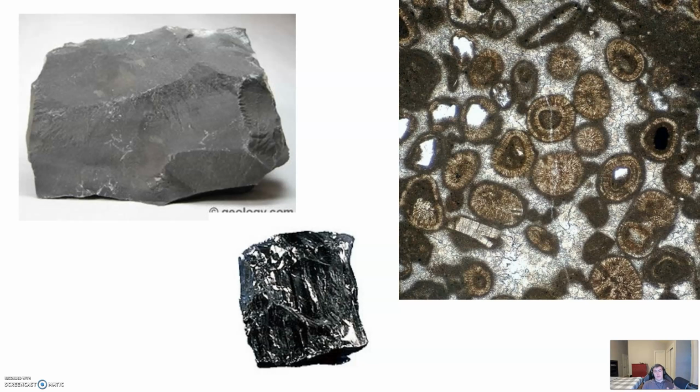Right, and so things that are made of that are called clastic sedimentary rocks. Those are just rocks made of other rocks, essentially. But then we can also get bioclastic sedimentary rocks, and they're made of organic material. Up at the top left, we have something called a limestone shown.